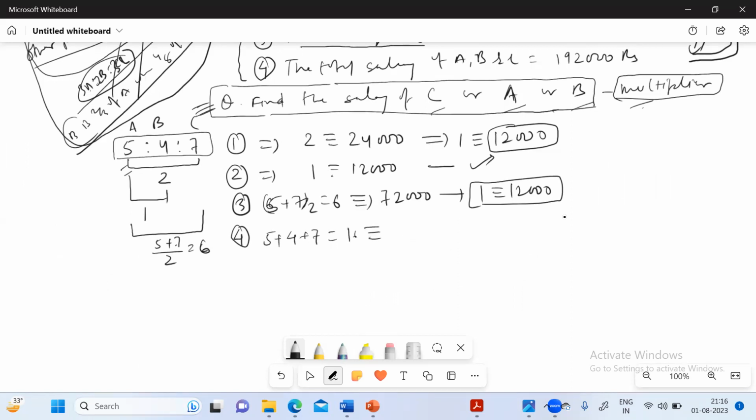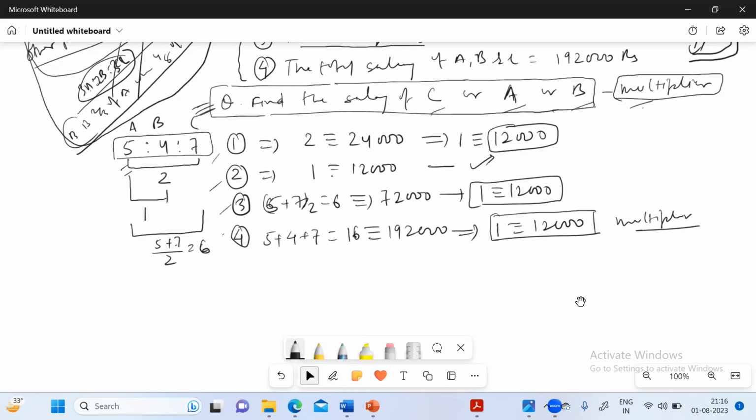And the value of 16 is 192,000. It implies the value of 1 is 12,000. So I got the multiplier here also. So we can get the multiplier with any of these four statements.